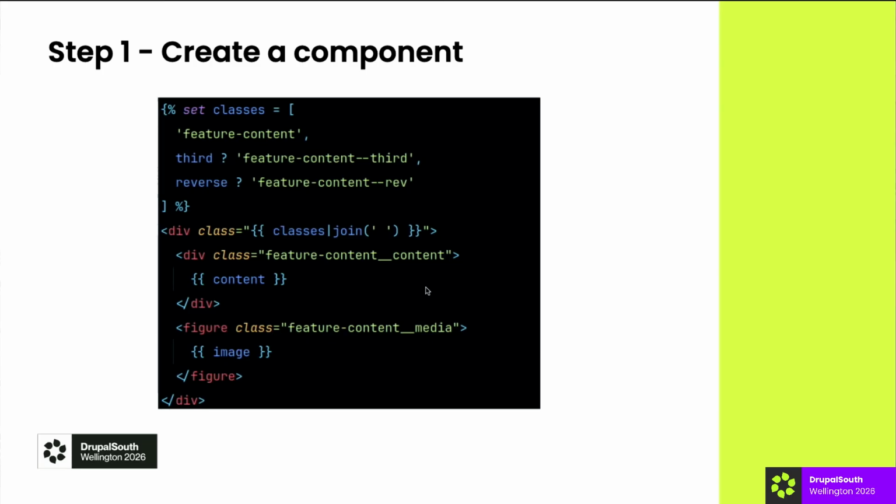So let's imagine that your front-ender builds a twig template like this. For our 2 bits of content and 2 control variables, we have 4 theme variables all up. We've got the third variable, whether the image is going to take up a third or not, the reverse, whether the image is going to be on the left or the right, and then content and image, all pretty straightforward stuff.